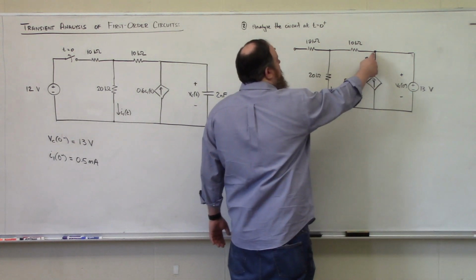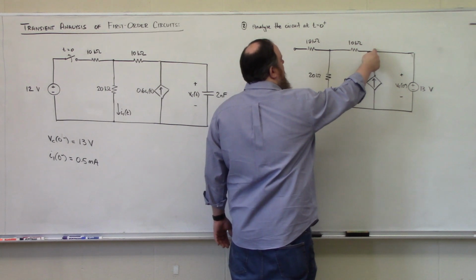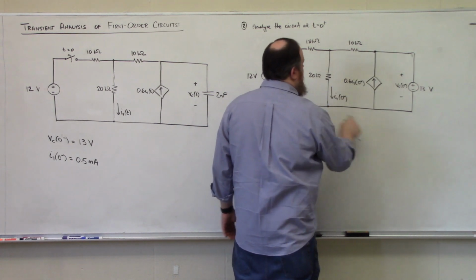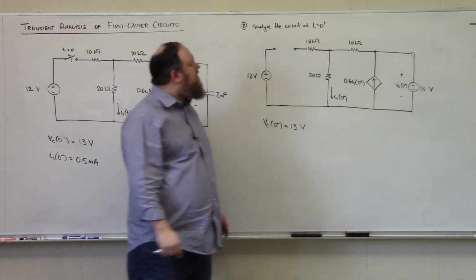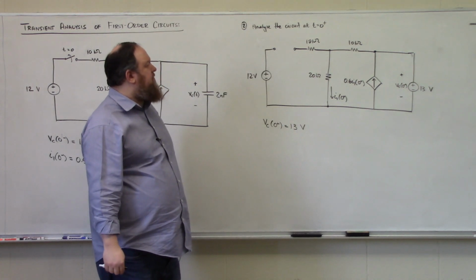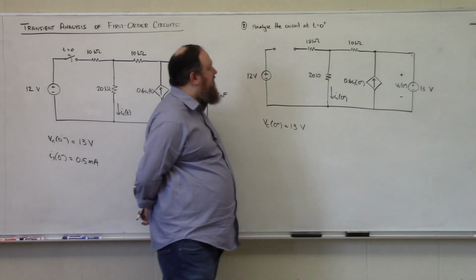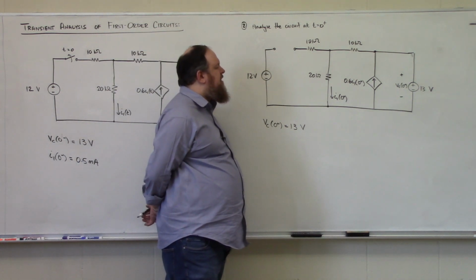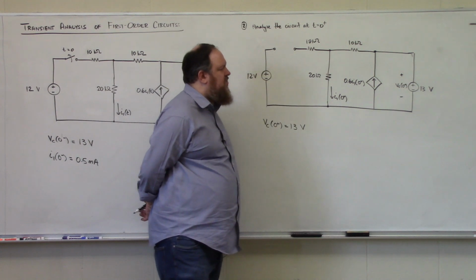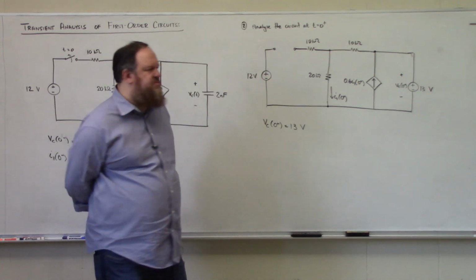So that means the voltage drop between this point in the circuit and this point in the circuit is 13 volts. So I feel strongly that I could use 13 volts divided by 10 plus 20, 30 kiloohms to give me my answer for I1 at 0 plus, just using effectively Ohm's law.